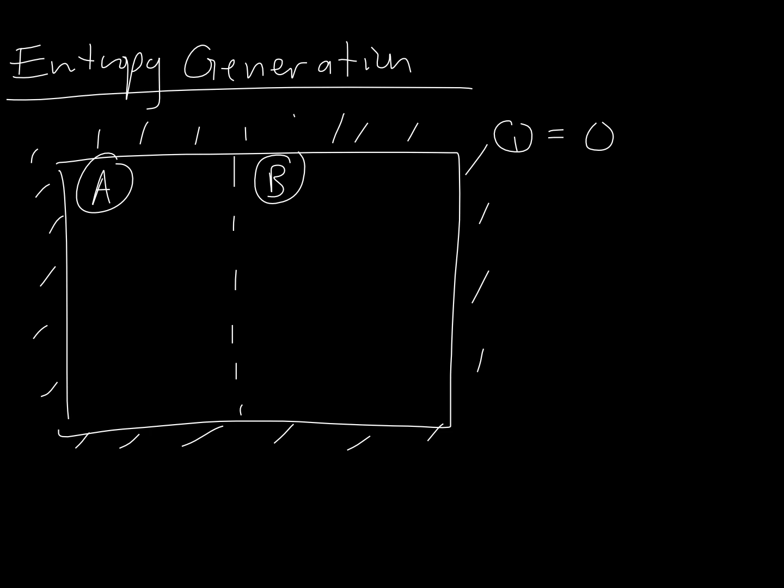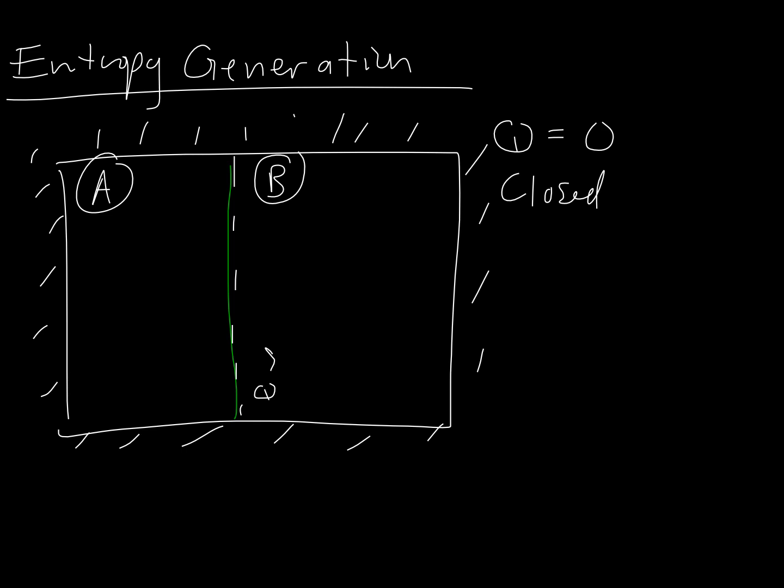It's going to be a closed system. The only thing that can happen in this system is that Q could transfer from one side to the other. I think I have Q defined positive as going in this direction here. So this membrane in between A and B only allows for thermal conductivity. No mass, nothing, just heat is exchanged between the two of them.